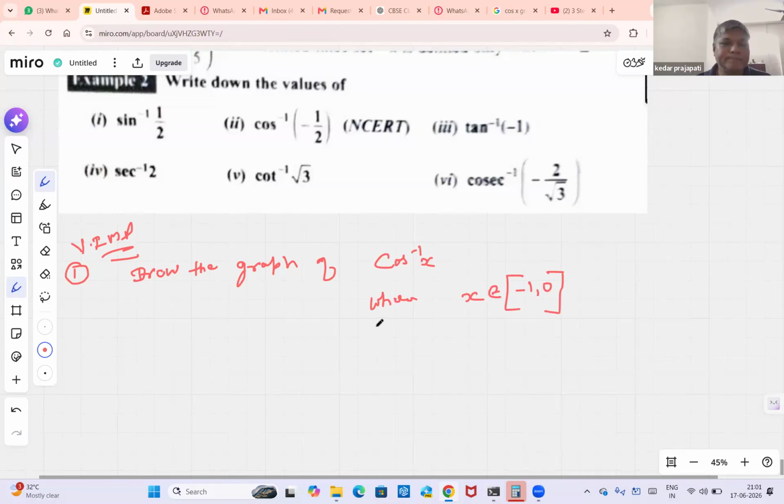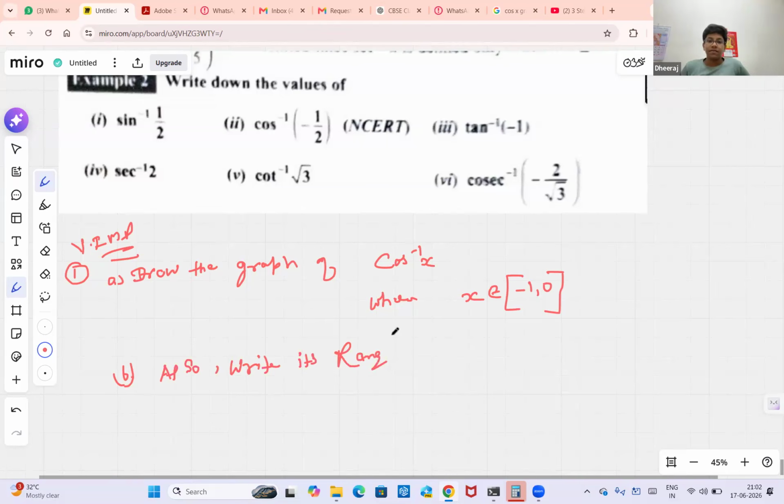This is one part. And the second part is also: write its range.